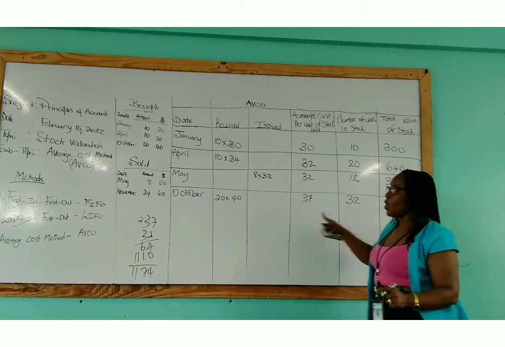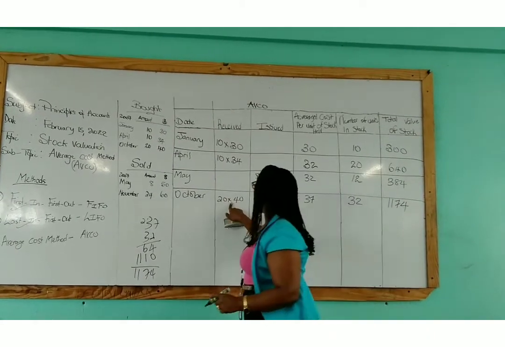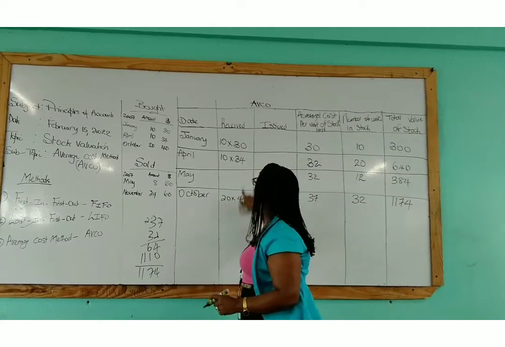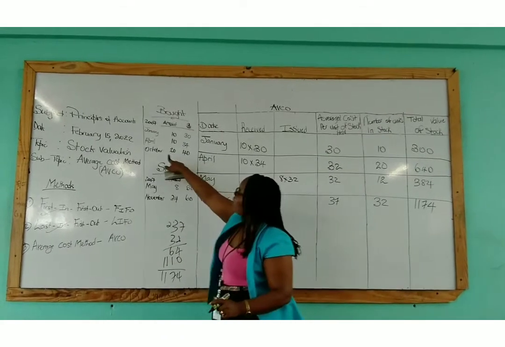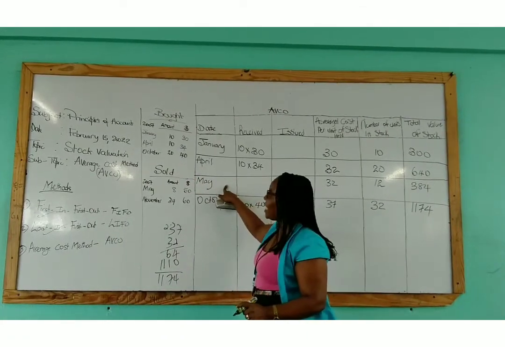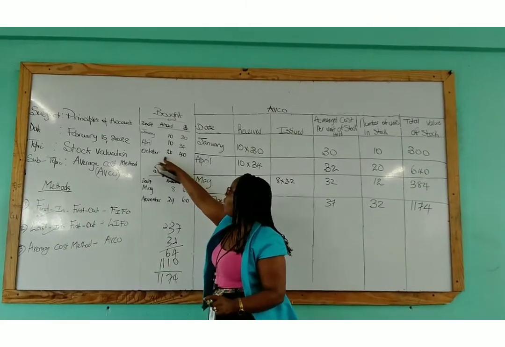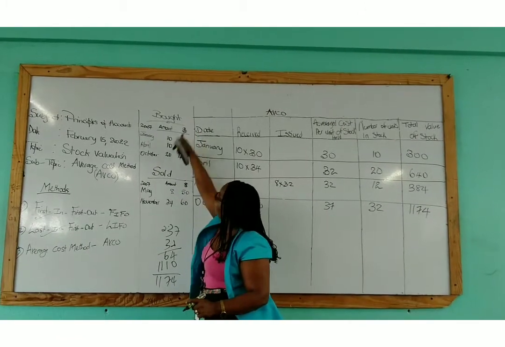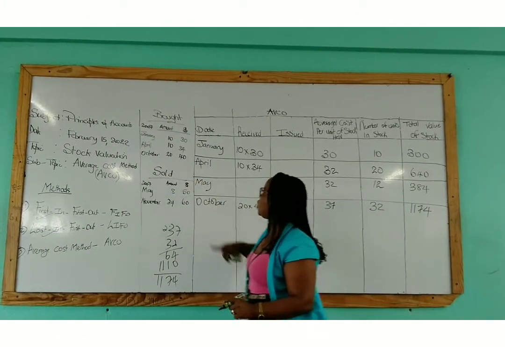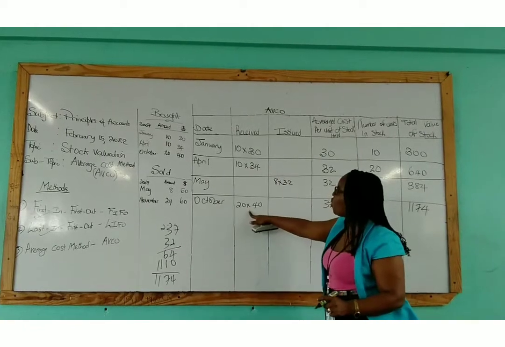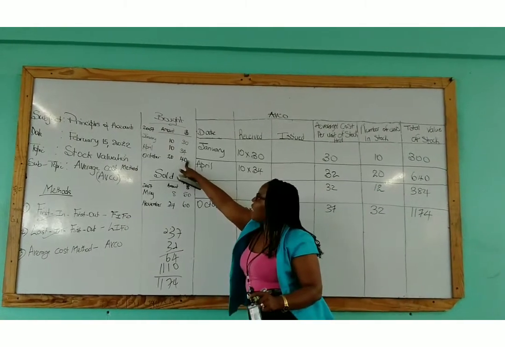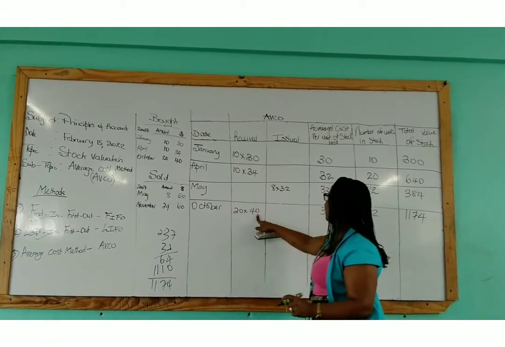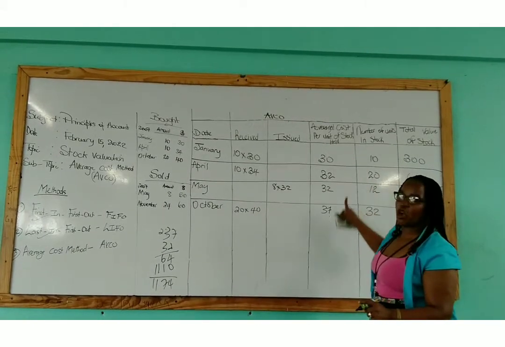Let me go again. We have 20 times 40 under the same column, because the next month that comes after May in question is October and it's on the bought. That means we went and we bought 20 goods, we received 20 goods in our storeroom. We picked up the price that we bought it for, which is 40. Remember, we're averaging our costs, right?